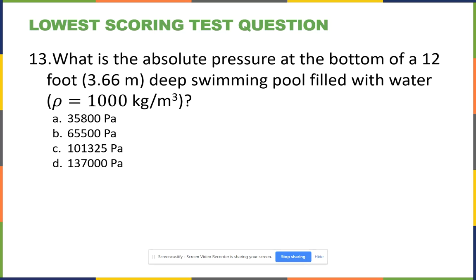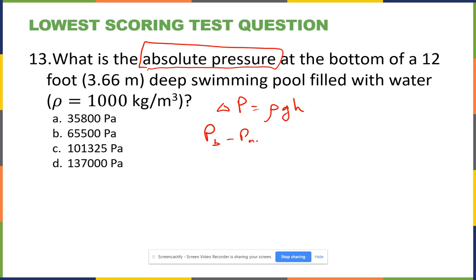I didn't look at the distribution of answers, but I expect that the problem is that people did gauge pressure instead of absolute pressure. Because you have the equation delta P is equal to rho g h. And so that's going to be the pressure at the bottom minus pressure atmosphere equals rho g h. So pressure at the bottom is equal to pressure atmosphere plus rho g h.